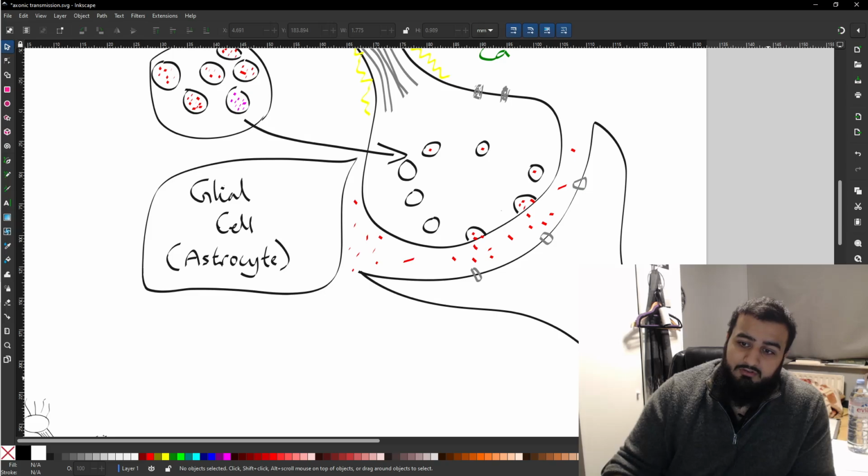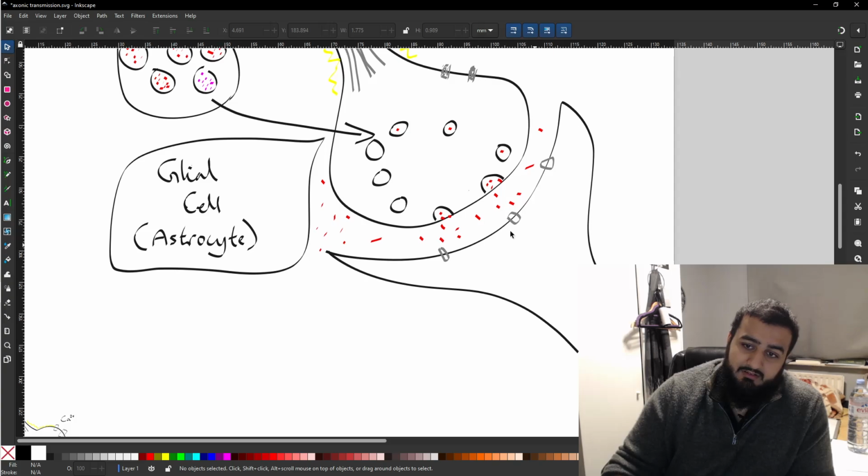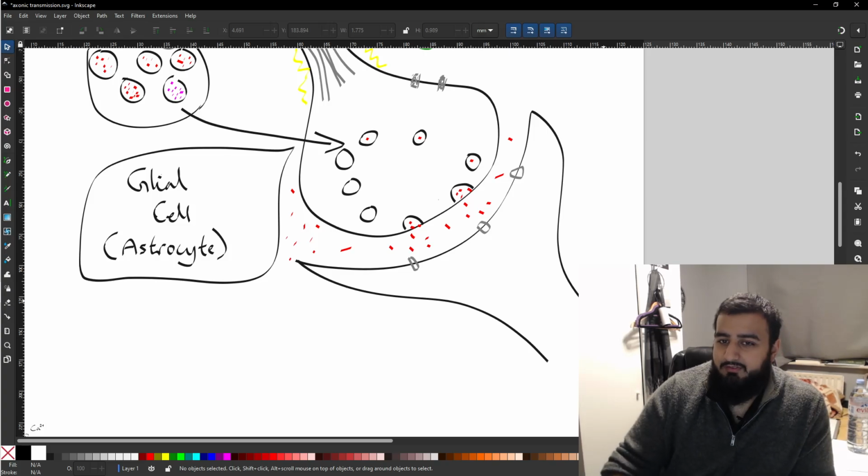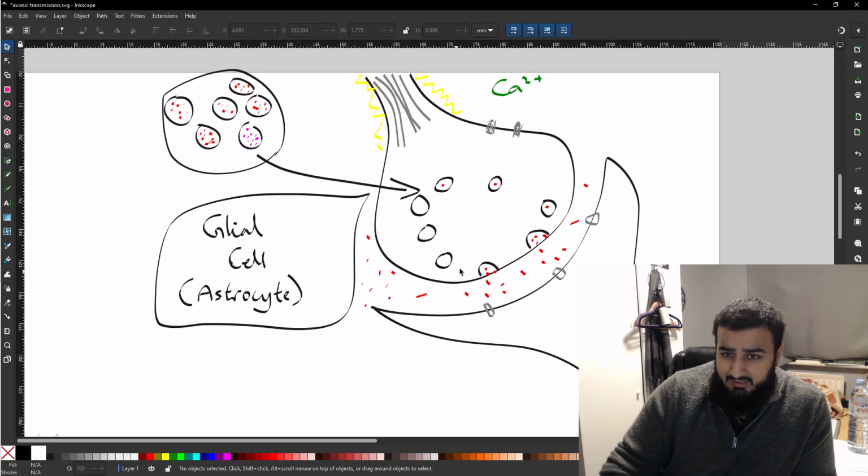So if it's close to the soma, like the soma's right here, then it'll have a pretty good effect despite being graded. If it's very far away, it will have a very minimal effect, but it will still have an effect. So that's an overview.